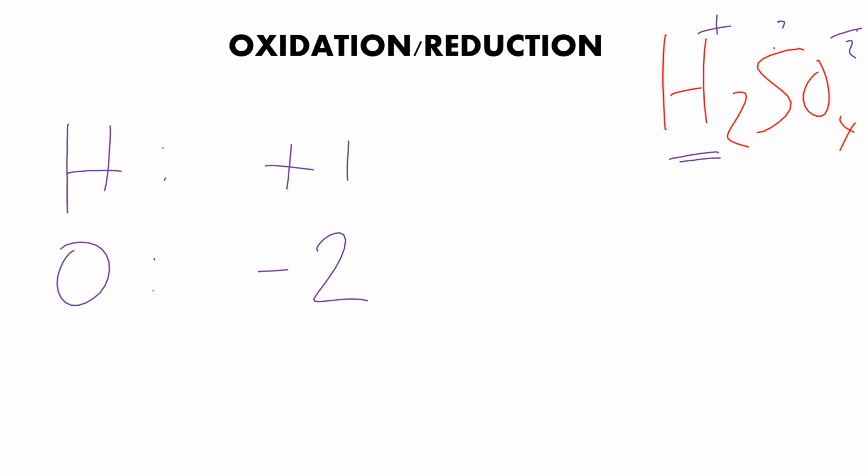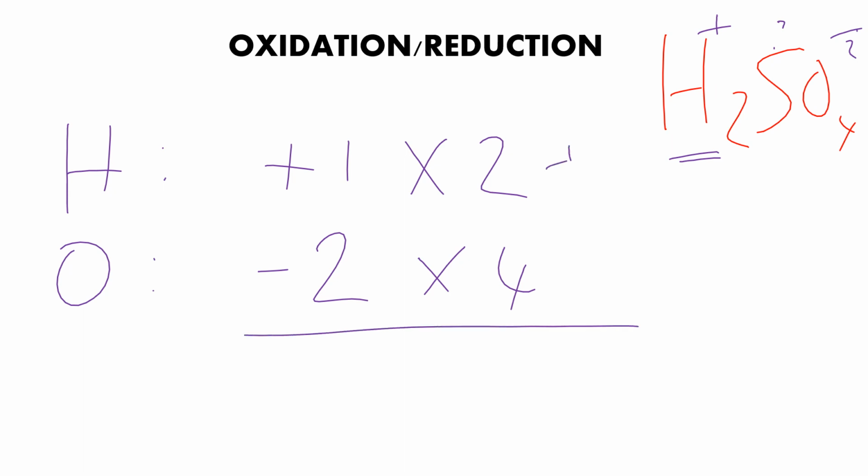So there are 2 hydrogens, 1 sulfur, and 4 oxygens. So 2 hydrogens, you multiply that by 2. 4 oxygens, multiply that by 4. What does that give you if you add them up? That's +2 minus 8 gives you -6.